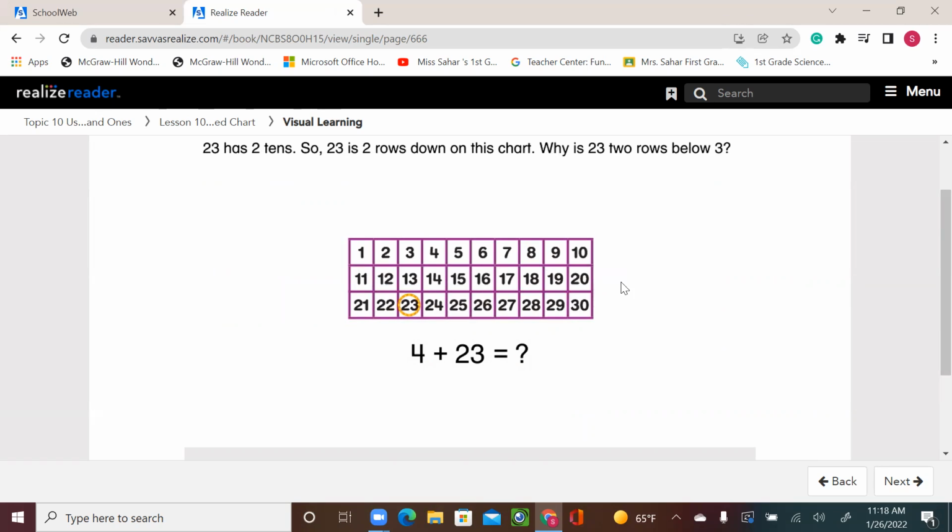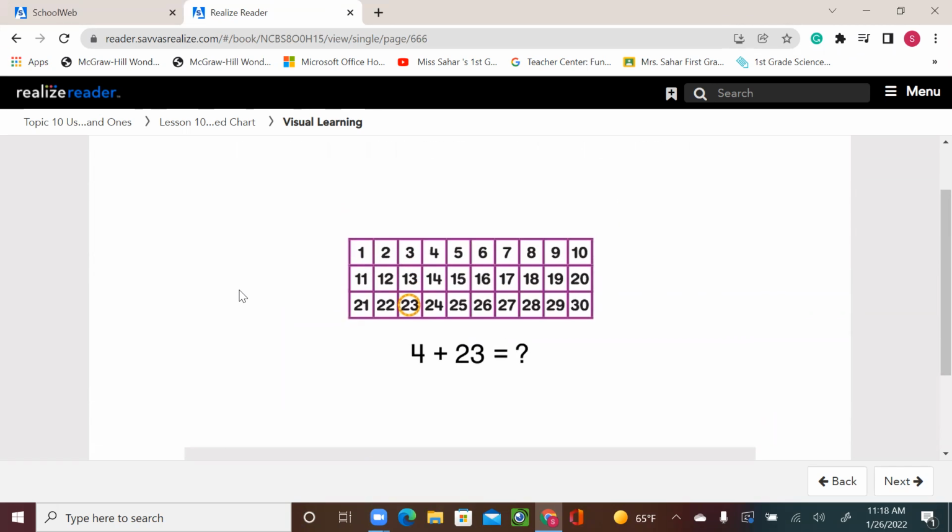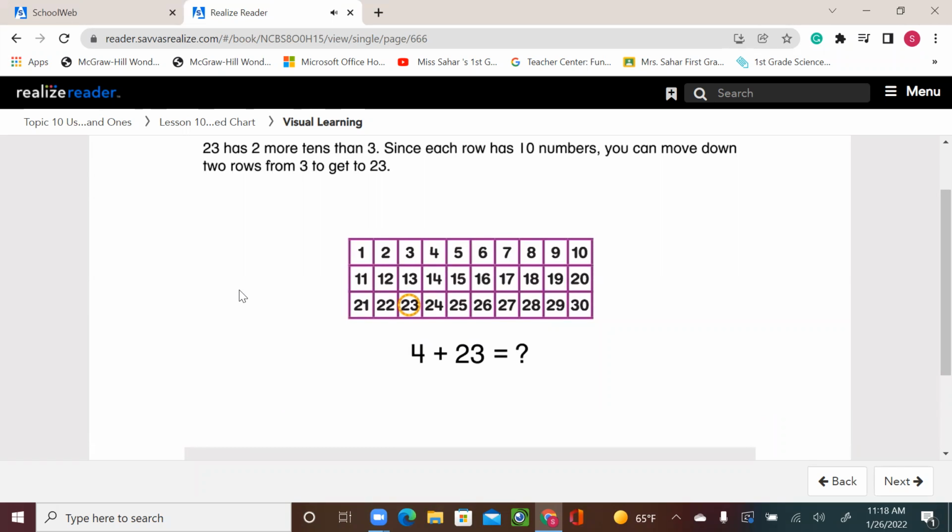So that means 1 ten, 2 tens, because 23 has 2 tens. So this is the first 10, and this is the second 10. 23 has 2 more tens than 3. Since each row has 10 numbers, you can move down 2 rows from 3 to get to 23.